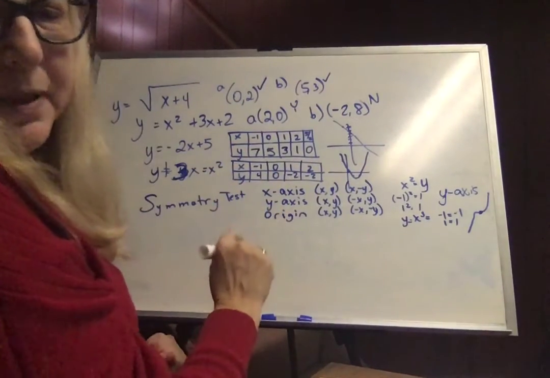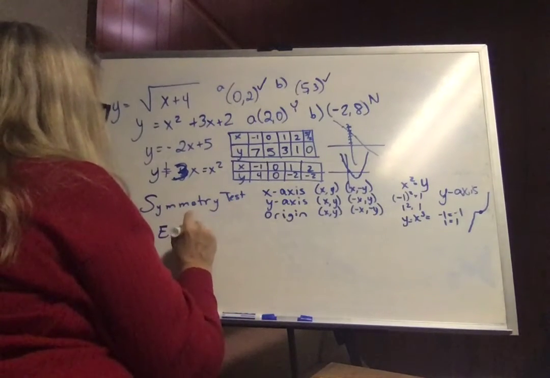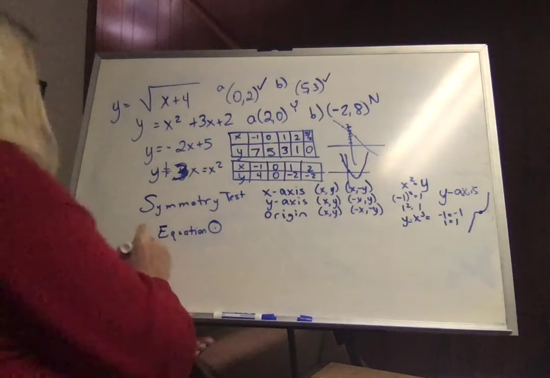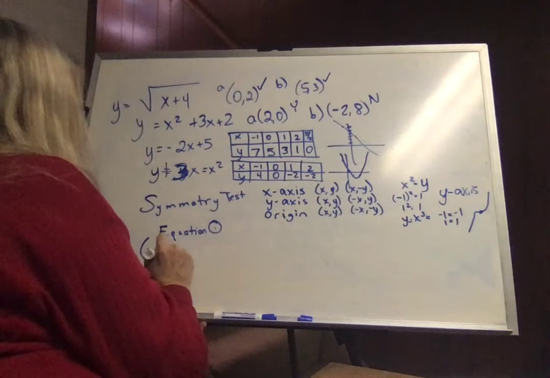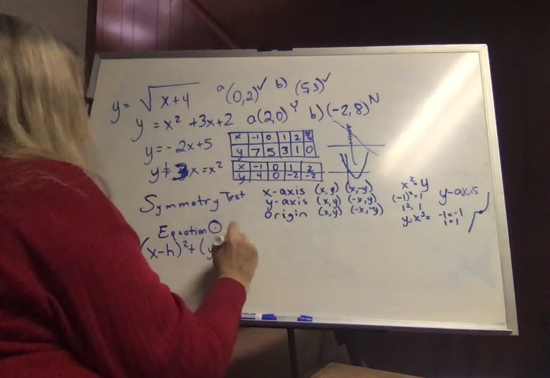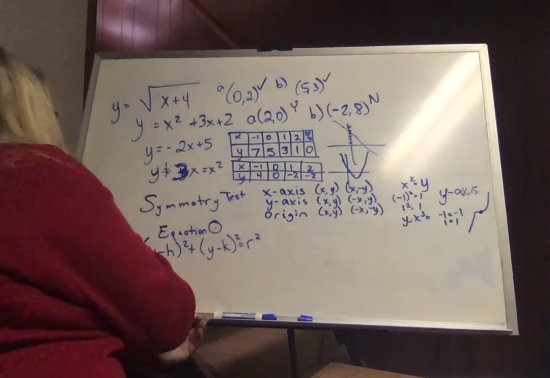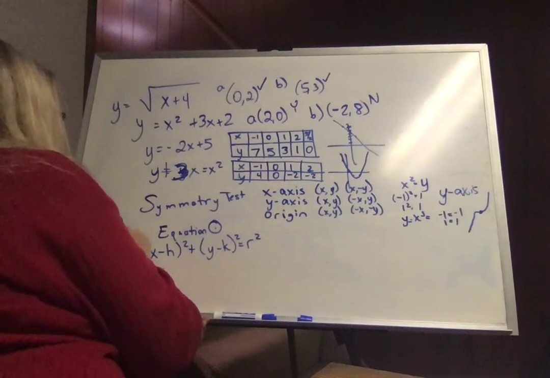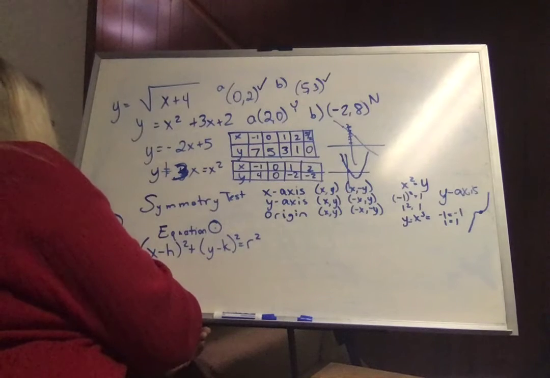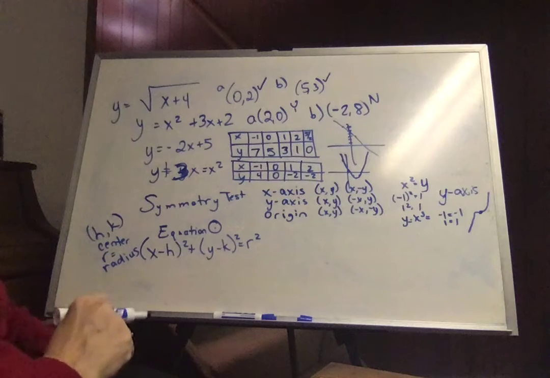The last type that you will need is the equation of a circle. You had this in geometry. The equation of a circle, and you might write it in your notes, is (x minus h) squared plus (y minus k) squared equals r squared. (h, k) is the center, and r is the radius.